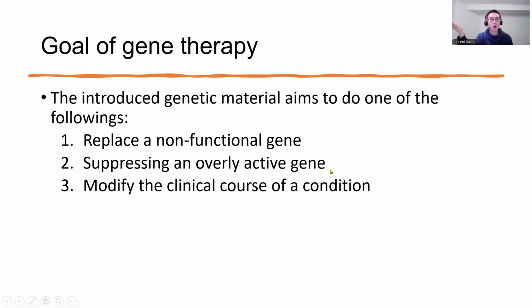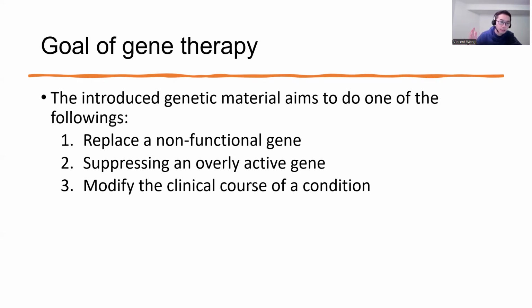If there is an oncogene that's always telling your cell to divide, then maybe we can suppress the oncogene so that it's not always a green light, so to speak, and you can slow down the cancer progression. And in some cases, we want to use gene therapy to modify the clinical course of a condition, so that it slows down the progression of a disease.